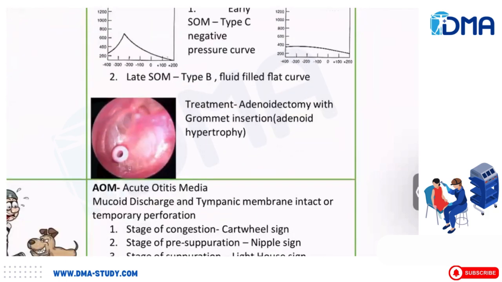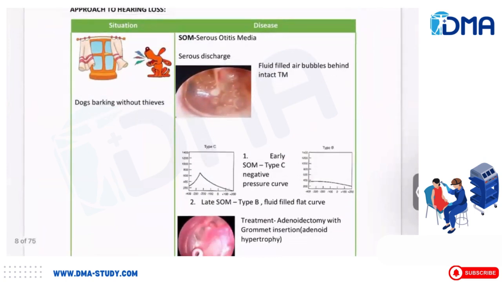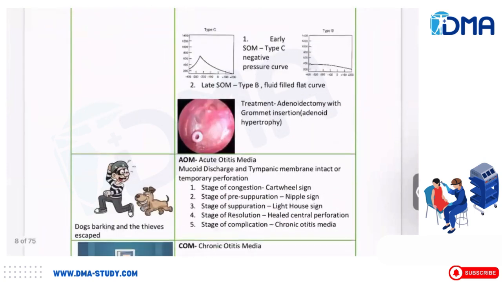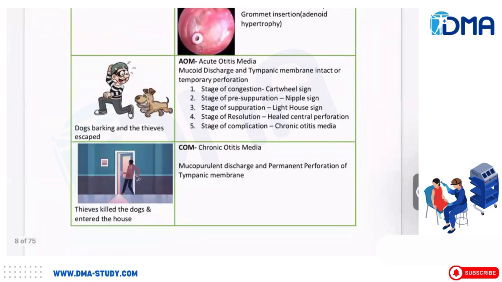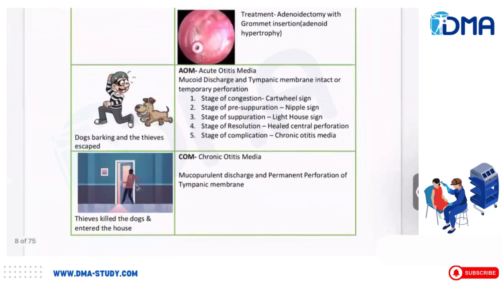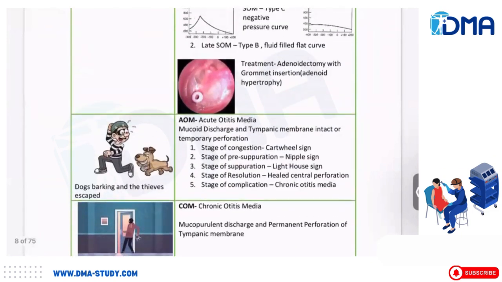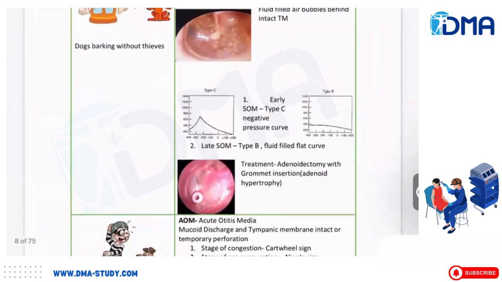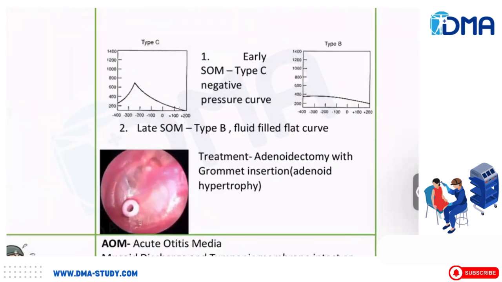So what is the treatment for SOM? Treatment is adenoidectomy with grommet insertion. If this occurs in an old age person, you should be taking a biopsy and operating accordingly.